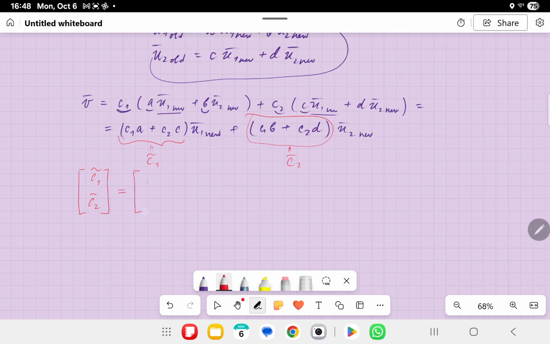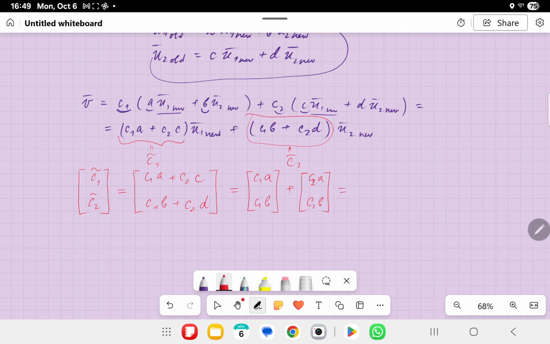And what I have is C1a plus C2c, and C1b plus C2d, right? I see that I have C1 here and C2 here, so I can write it down like this: C1a, C1b plus C2c, C2d.